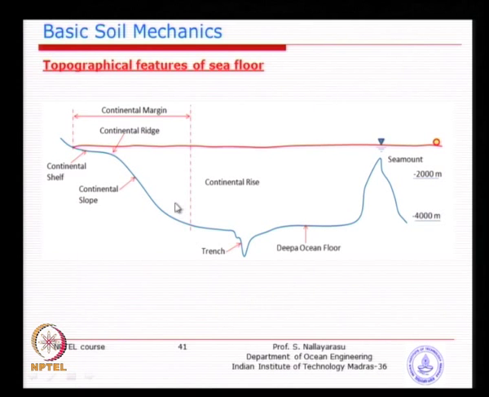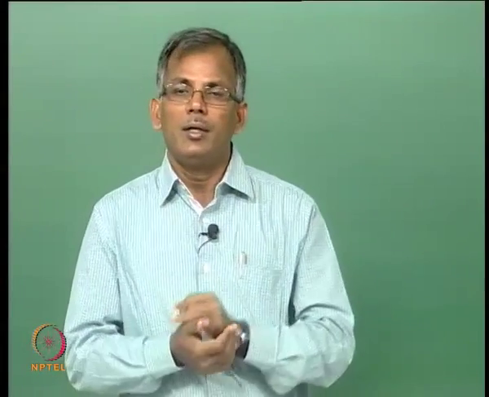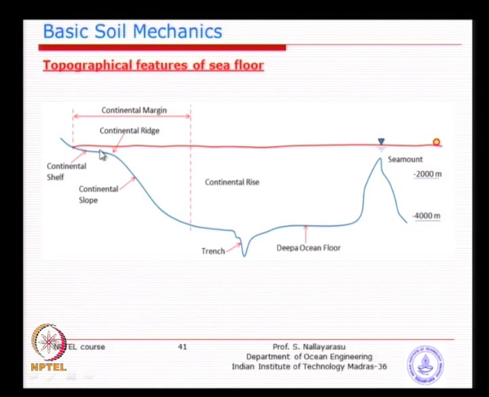The reason we need to know this profile is where the activity is higher, especially wave and current. The disturbance of the soil is high in this region because of the shallow depth, and most currents follow the coastal profiles.